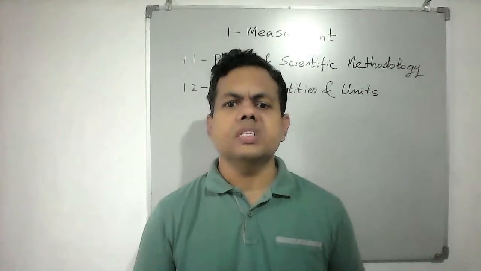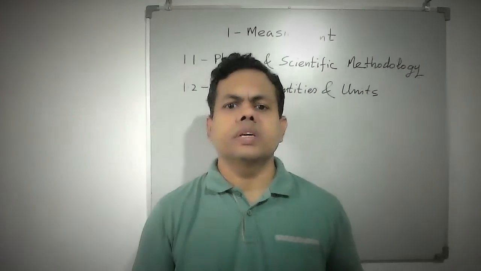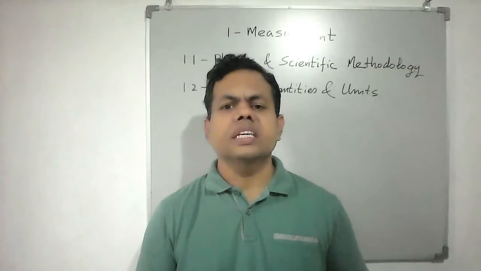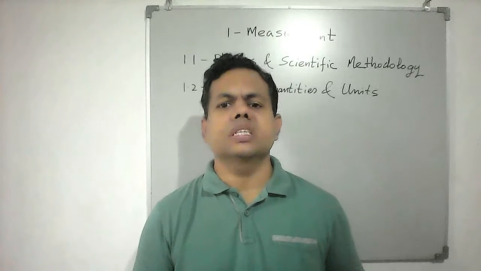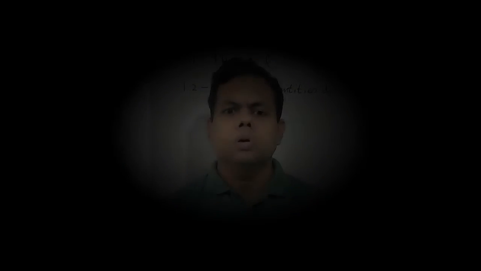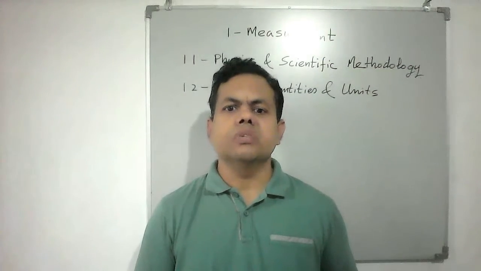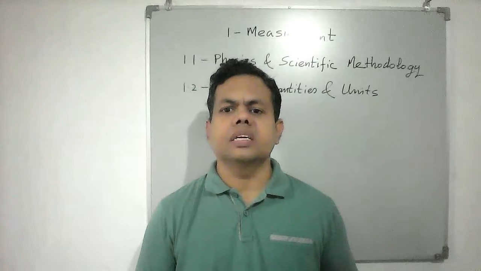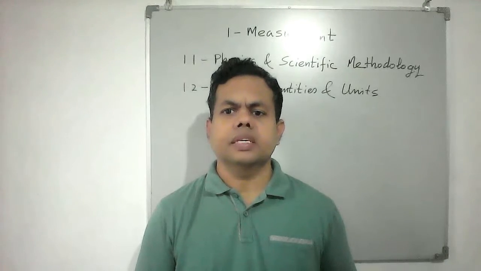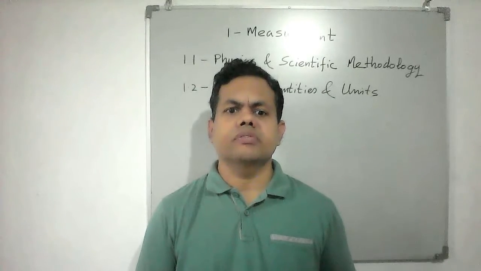Definitions of base units. These definitions have been changed from 20th May 2019. Kilogram. Old definition: the mass equal to that of the standard kilogram prototype kept at Sèvres, France.